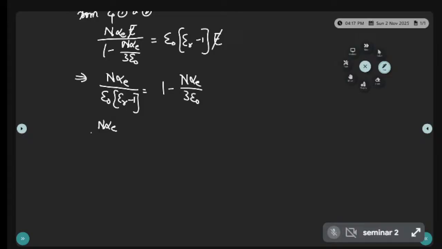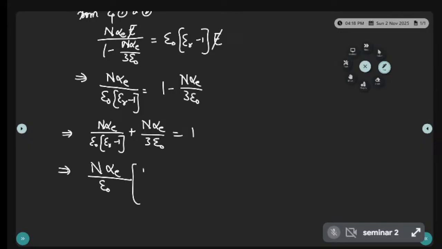N alpha E by epsilon naught into epsilon r minus 1 plus N alpha E by 3 epsilon naught is equal to 1. What is common now? N alpha E by epsilon naught. So 1 by epsilon r minus 1 plus 1 by 3 is equal to 1.